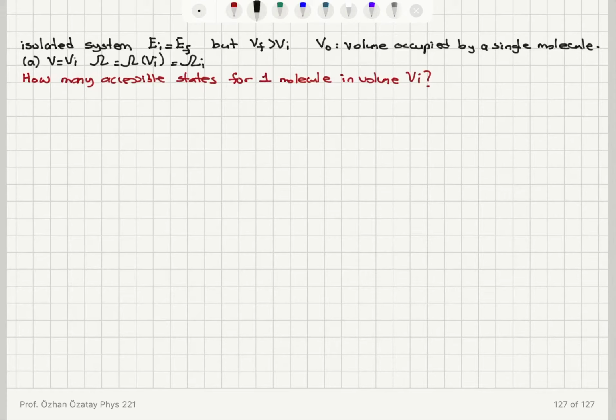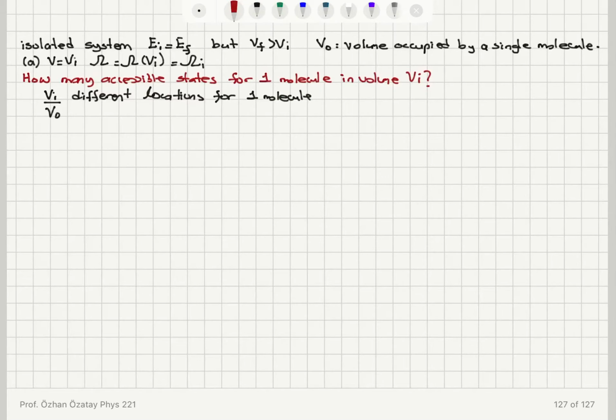Well, so you're going to have the volume of the single molecule is V0, and there will be how many compartments this molecule can go into. It's going to be V initial divided by V0 different locations. So we're going to have V initial divided by V0 accessible states for one molecule.